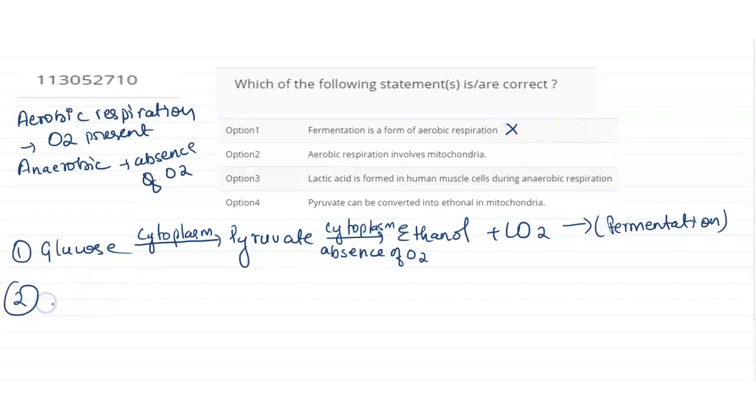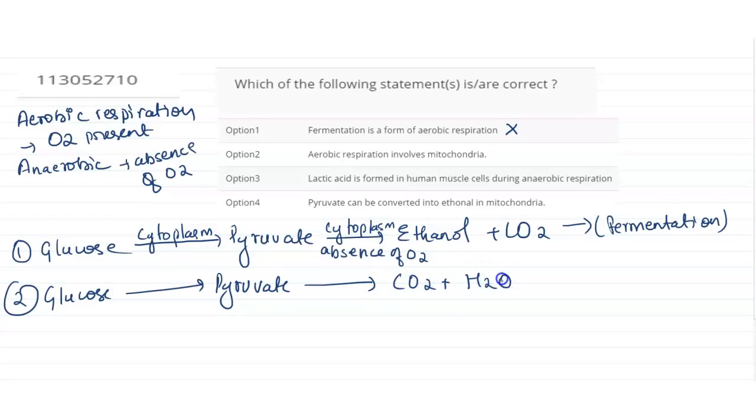The second one is: glucose changes into pyruvate. This pyruvate changes into CO2 plus H2O plus energy. This glucose to pyruvate conversion, known as glycolysis, always occurs in cytoplasm.